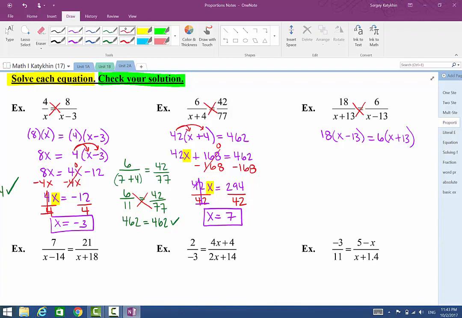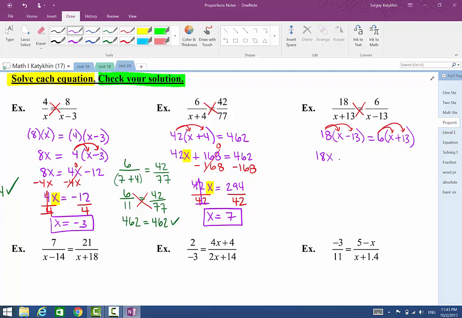As you can see, in this case, we actually use distributive property twice. Once on the left side, and again on the right side. So we have to be careful here. We have 18 times x, which is 18x. But notice we have negative 13 times 18.